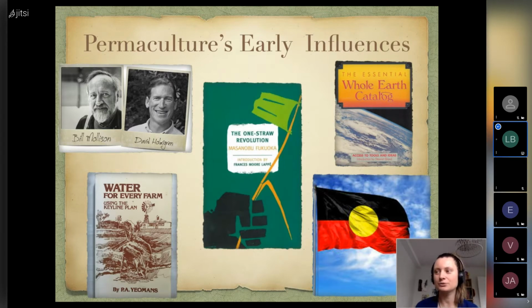And they also really were inspired by this whole systems worldview and the looking towards future generations. That was a part of the local Aboriginal people's culture. And this was definitely a big influence on the underlying whole systems and ethical underpinning of permaculture that we'll talk about.